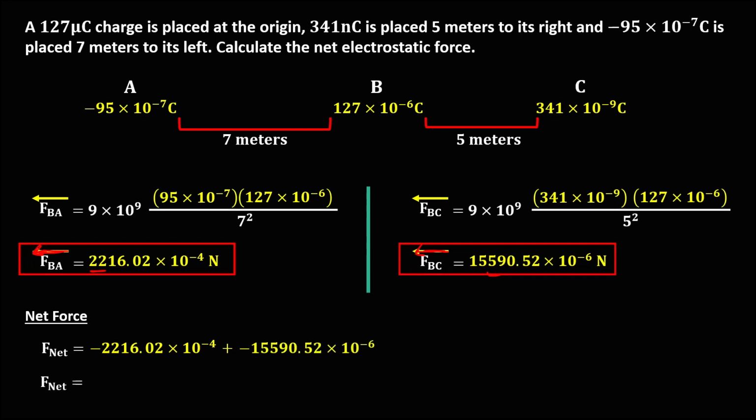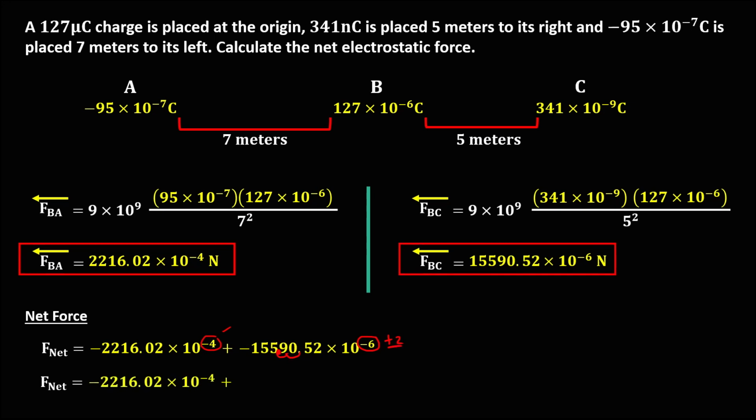Then since we cannot add these two terms because the exponents are not equal, we need to rewrite one of the exponents to make it equal to the other. So since negative 6 is plus 2 to make this negative 4, we need to move two places to the left. So 1, 2, and that's plus 2.